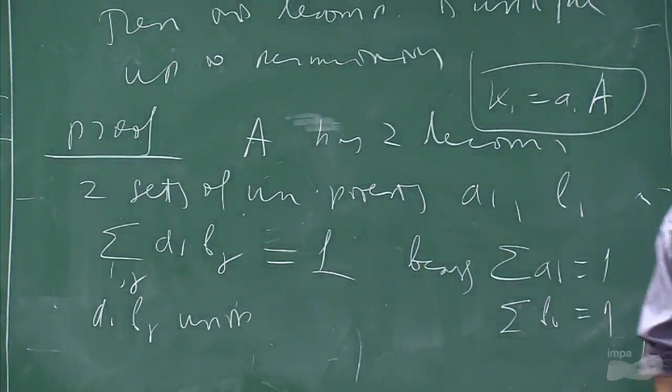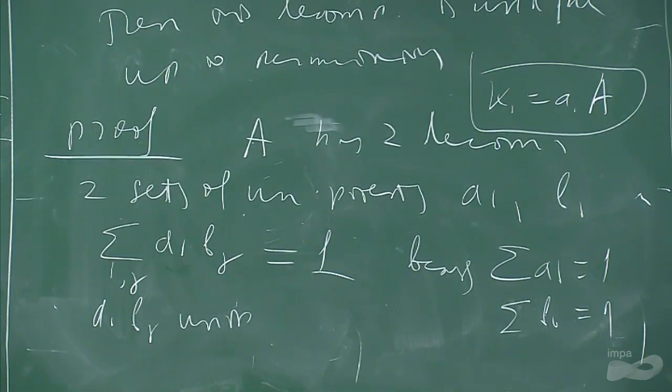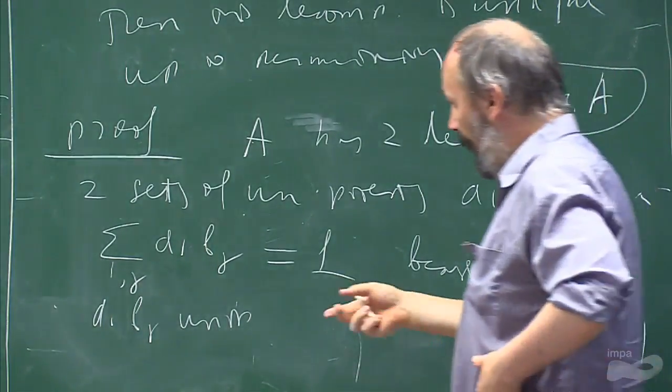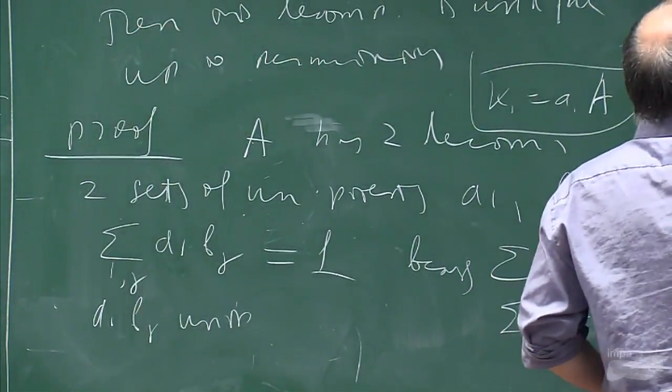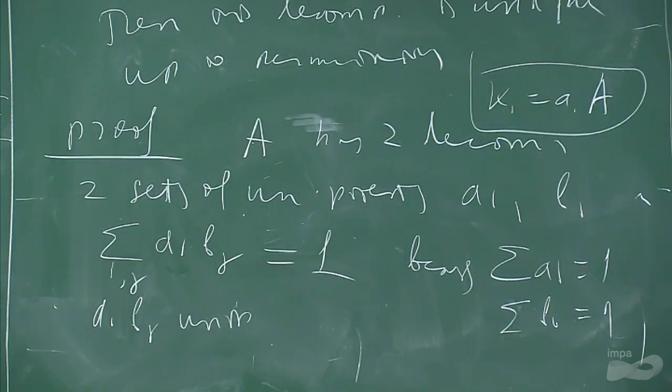Okay, so in one case we will have this. We don't lose anything, we don't gain anything. On the other hand, it could be a smaller decomposition, so none of them are equal to A_i and B_j. In that case, suppose that we fix A, say A_1, just to simplify notation.